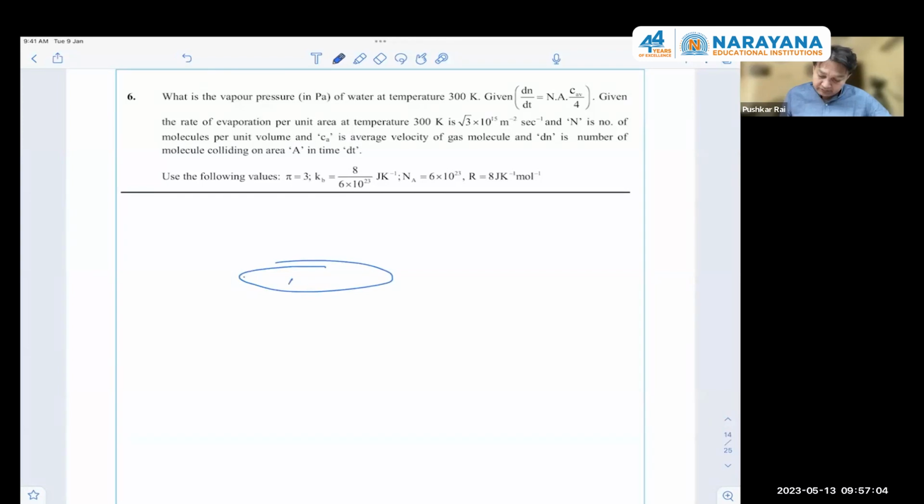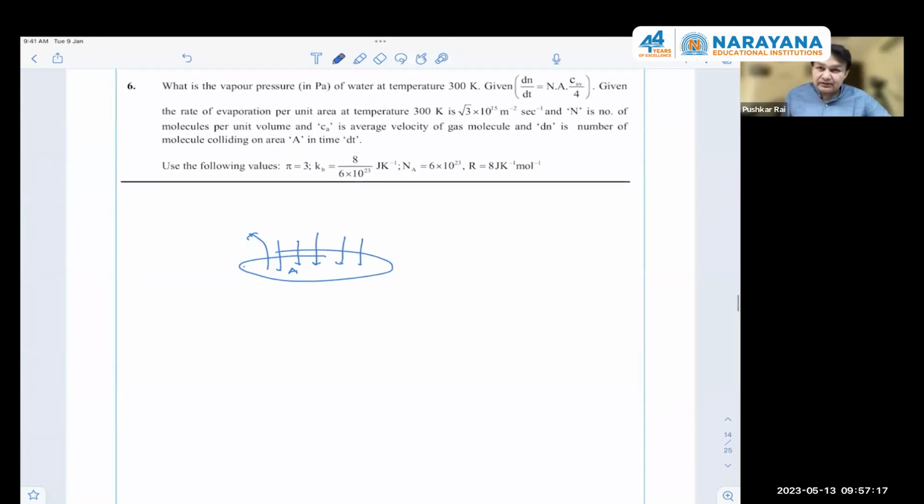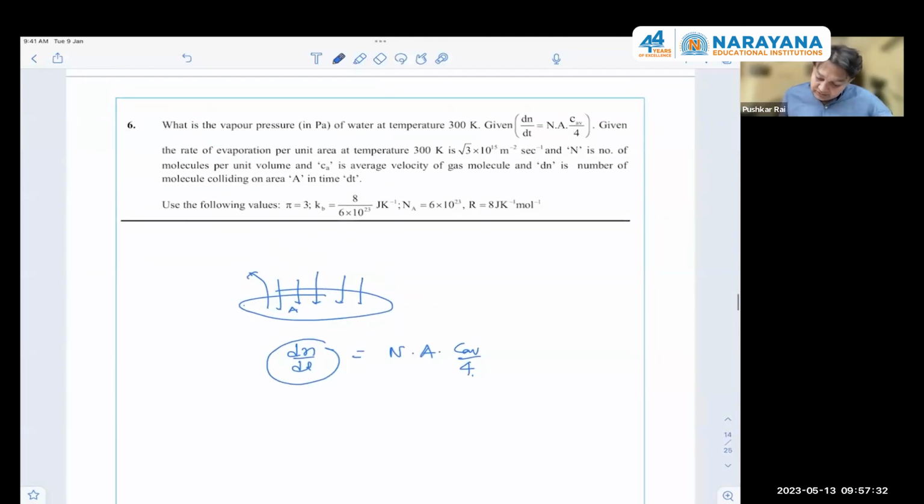This is a unit area. And we know how many molecules are striking in this unit area. So you see that dN by dt is given as the number of particles per unit volume into area into C average divided by 4. Temperature is given, 300.